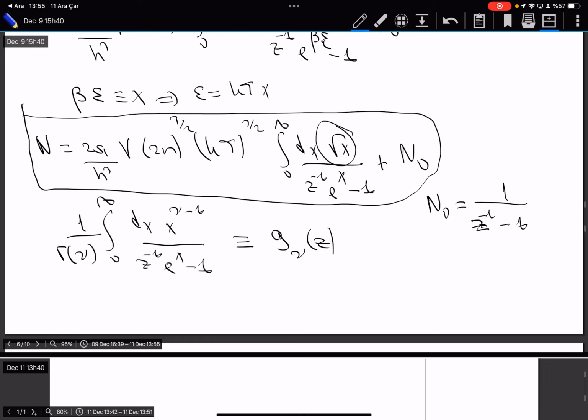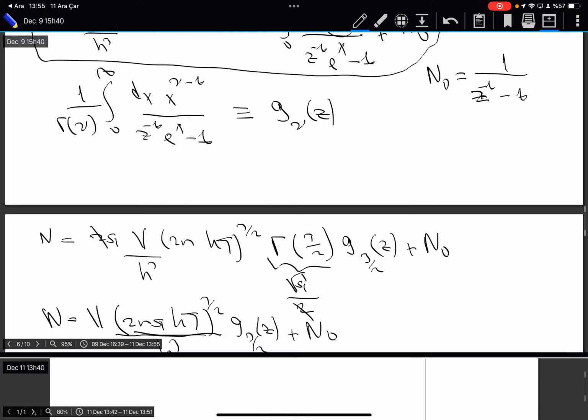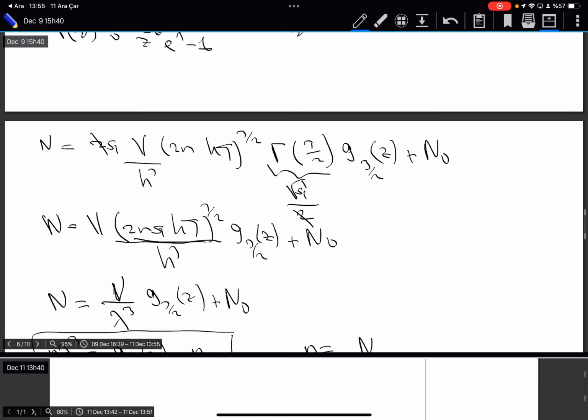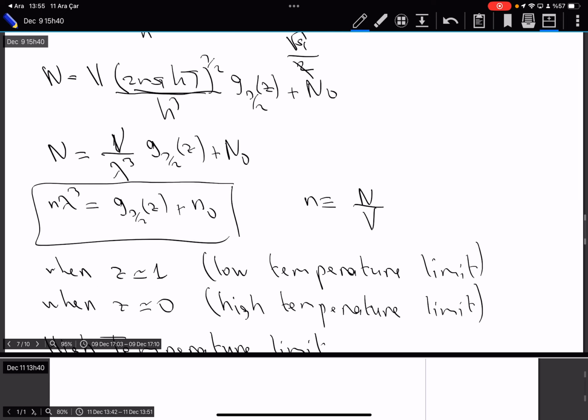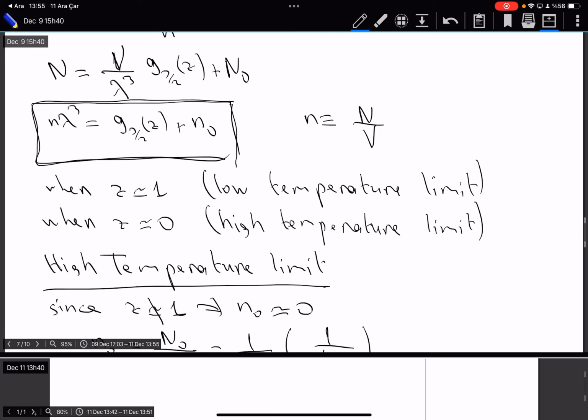And in fact, we define this so-called g function, so this is what we have. We have to solve this equation for z. Then we looked at the limits when z is not close to 1.